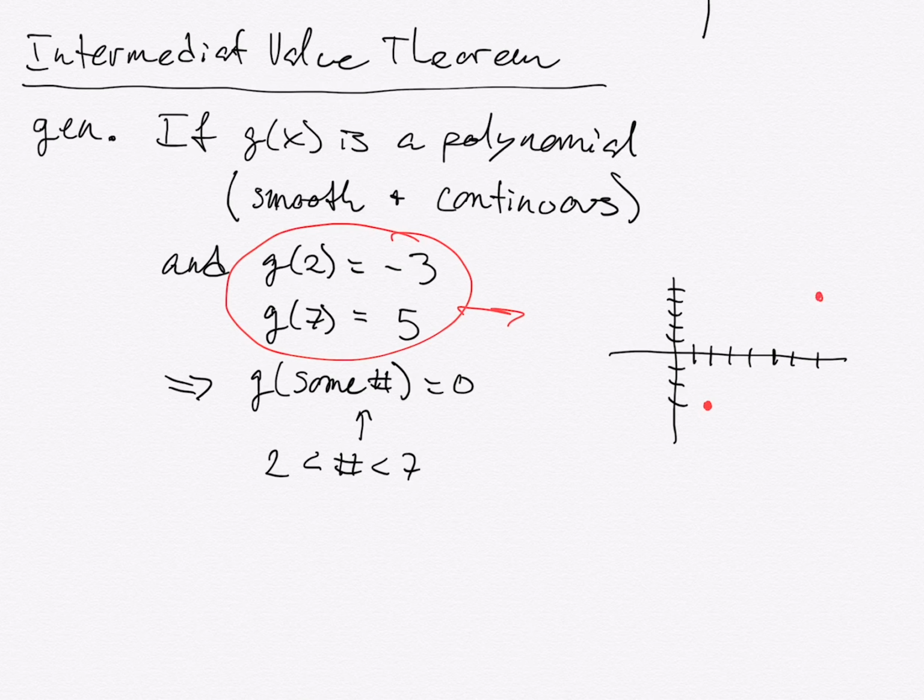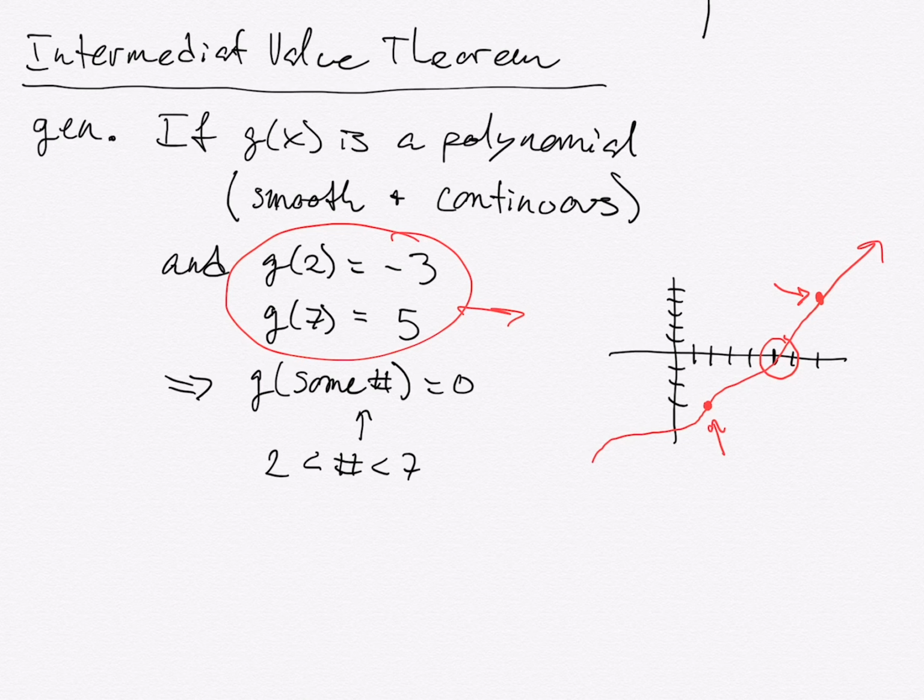This is a polynomial, which means I have no idea what the graph looks like, because I didn't give you an equation, but we can see that the graph is passing through those 2 points. And in order to get from below the x-axis to above the x-axis, we had to cross the x-axis.